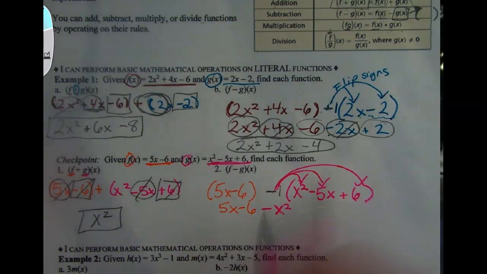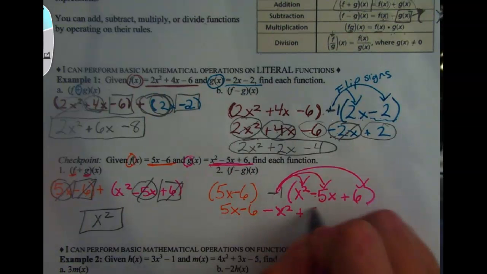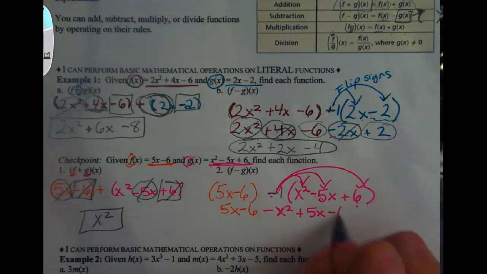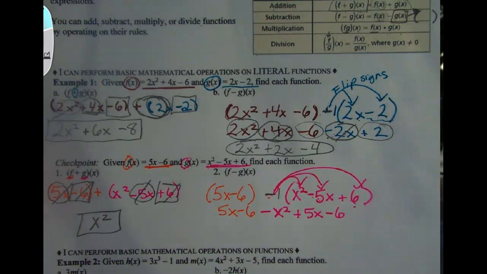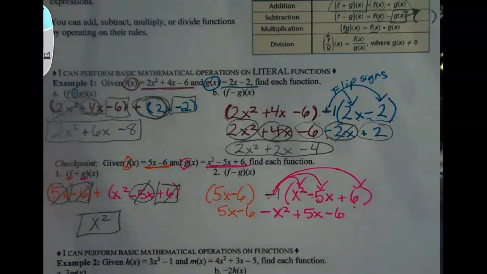I just drop that down. The negative times a negative 5x becomes a positive 5x. They just undo each other, they become opposites. And then a -1 times a positive 6 becomes a -6. It's just a sign flip, also known as the distributive property. So when there's no number here and it's just a negative, it's a sign flip or distributing a -1.